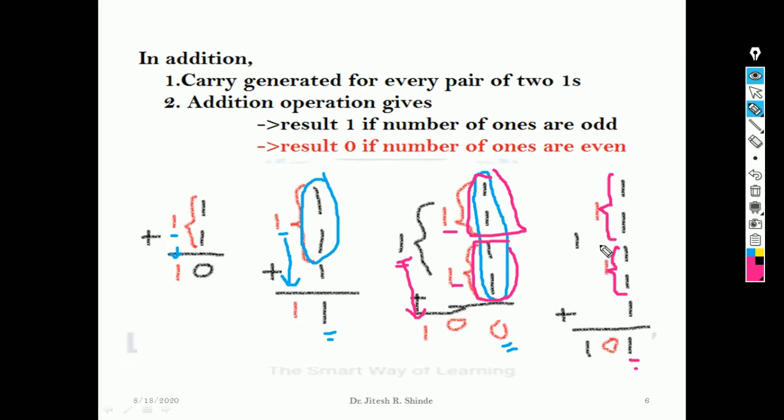Adding these two ones, which is an even number of ones, gives the result 0 here. These two carries will generate 1 more carry, so 1 is written here and 1 will propagate here. Thus the addition of five ones gives us the result 1 0 1. These are the binary addition rules which we need to remember, which we will be using while solving the numericals based on the 2's complement approach.